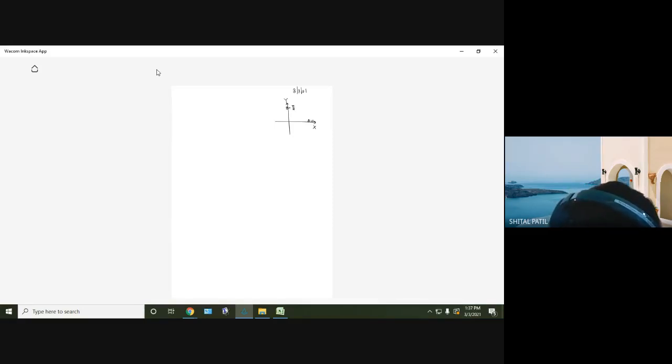Theta equal to pi here, and theta equal to 3 pi by 2. Again, this will be 2 pi. Again, this will be 5 pi by 2. This is 6 pi by 2, that is 3 pi. This will be 7 pi by 2. Then this is 8 pi by 2, that is 4 pi, and so on.